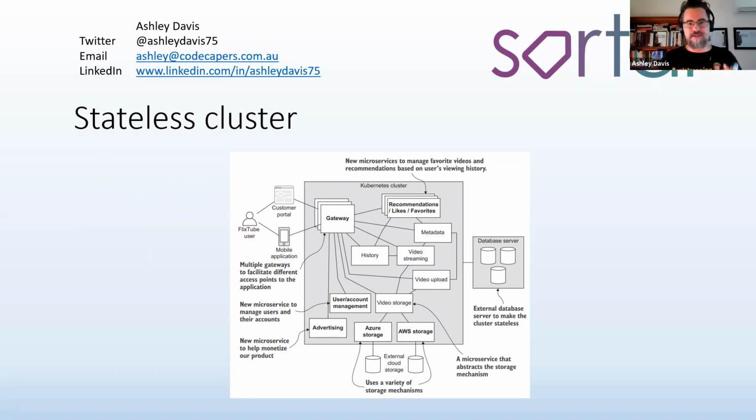This is a bit complicated, but this is at chapter 9 of my book. This is what the FlexTube example looks like. So this is an example video streaming application that I use throughout my book. There's a bunch of microservices here within the Kubernetes cluster, but off to the side, off to the right, you can see the database server with a bunch of databases in it is external to the Kubernetes cluster, which is here.